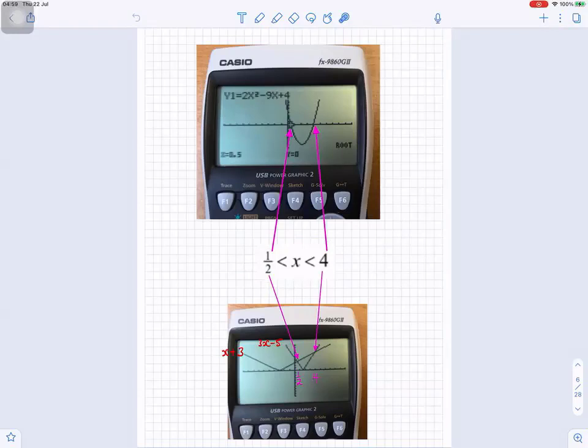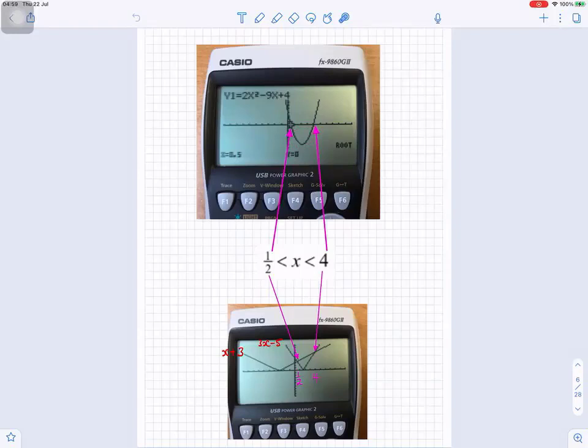Because looking at the graph, if you plot the quadratic on your graphics calculator, you want it to be less than 0. That's the part which is less than 0. So between a half and 4, that part is below the x-axis, so it's less than 0.